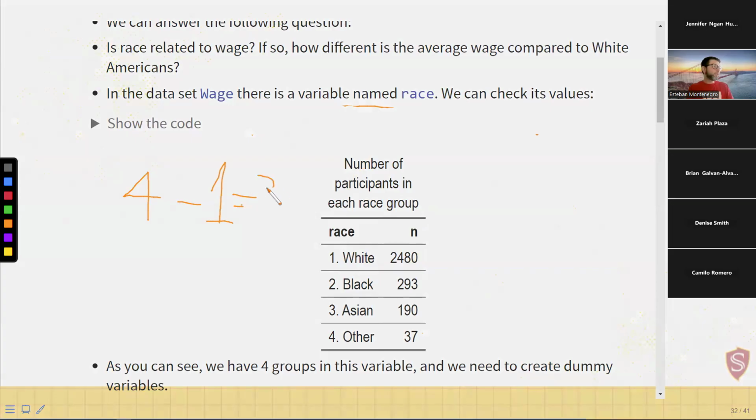That means I need to create 3 dummy variables in order to avoid redundancy. If you create 4 dummy variables, you are adding redundancy to the model, right? That's why we need to follow the rule k minus 1, and that's why I created three dummy variables instead of 4.